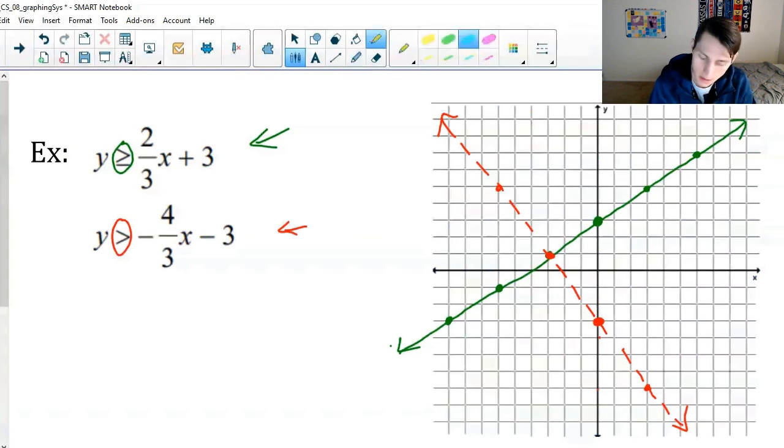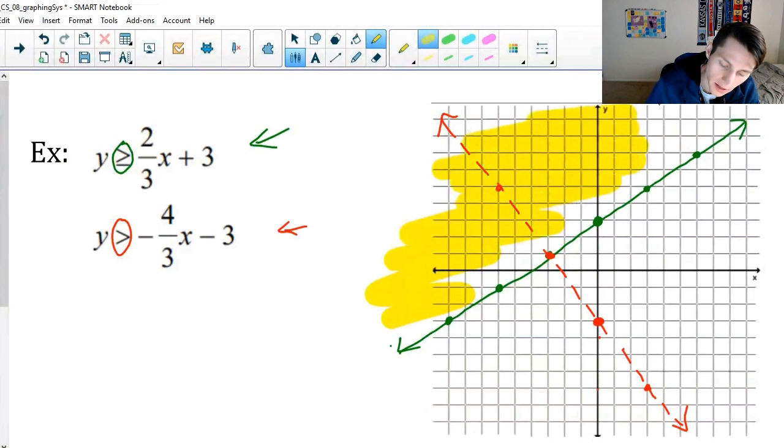So for the system, though, I want to shade the region that fits both. So for the first inequality, the first equation, I want to be above the green line. So, okay, if I imagine, I'm not going to leave this here, but if I just imagine, all right, this is above the green line.